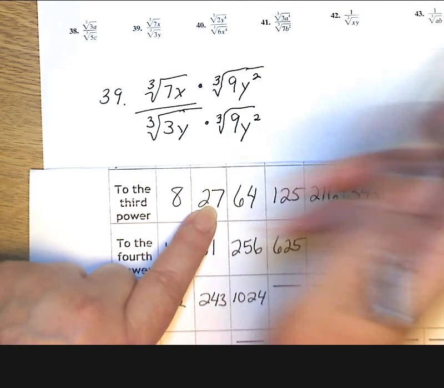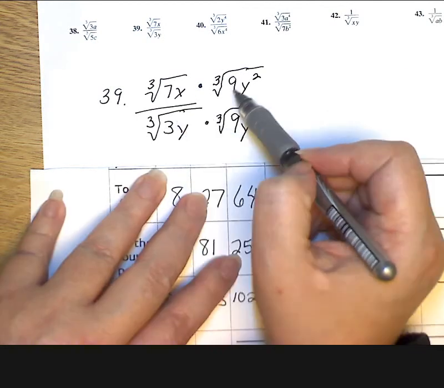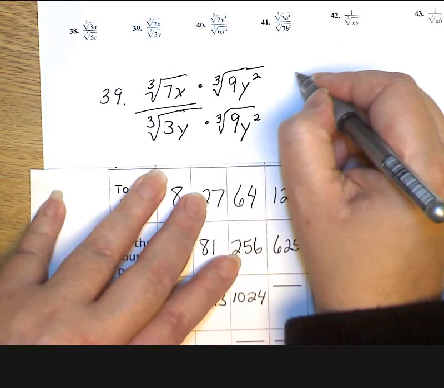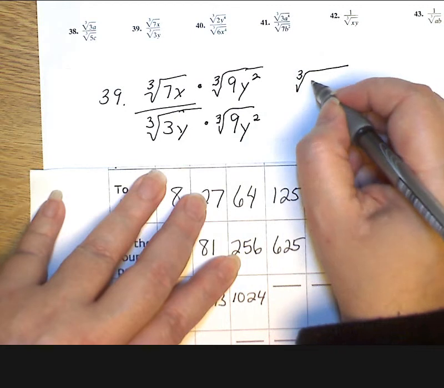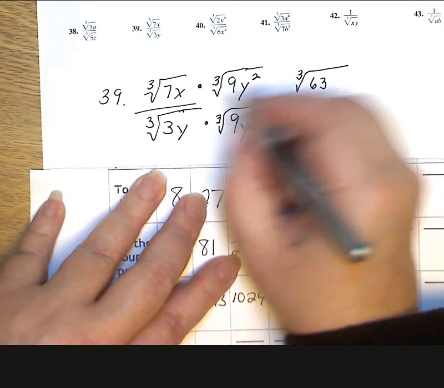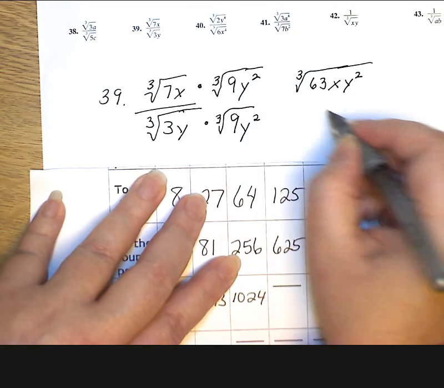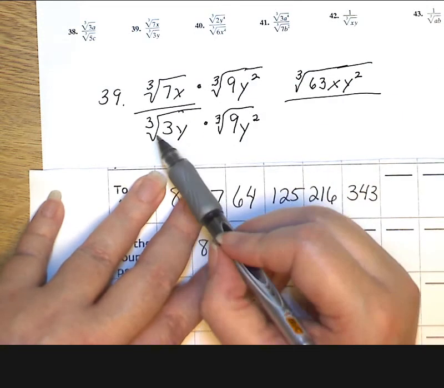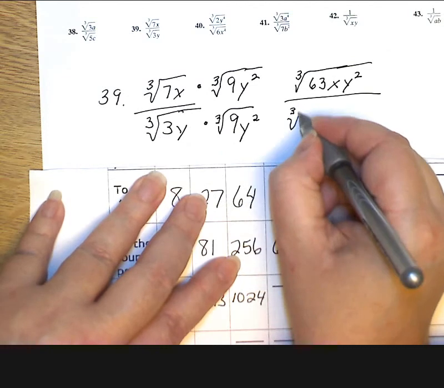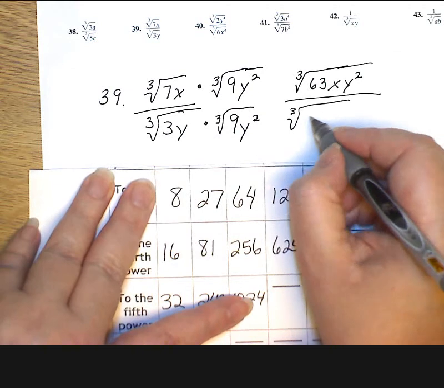Then you simply say you have your 7 times my 9, which gives you your 63. X squared, y squared, over, we have the cube root, 9 times 3 gave me my 27, y cubed.